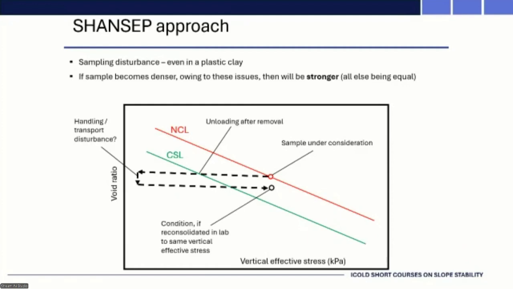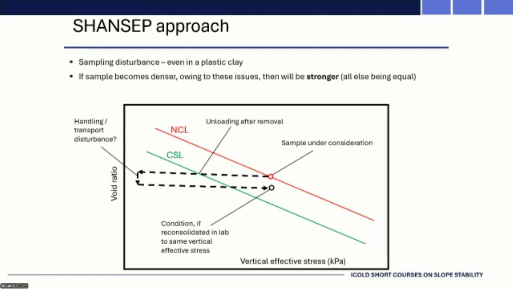And then if you reload back to the estimated in-situ stress, and again estimated because you have to have a stab at the K0 value, you get to that point shown by the open black circle. Same mean effective stress, same vertical effective stress, void ratio is different. So in fact, if you reconstitute it back in the lab to the same vertical effective stress, you're actually testing a denser sample than was in the field.